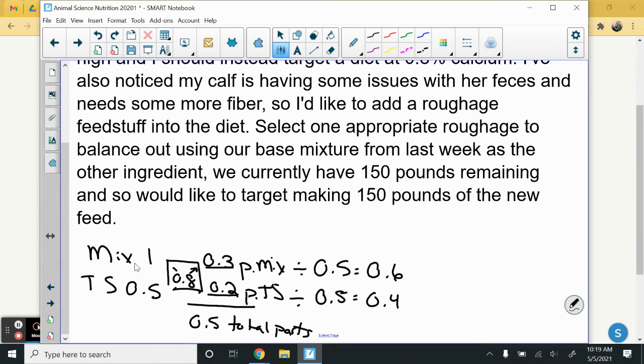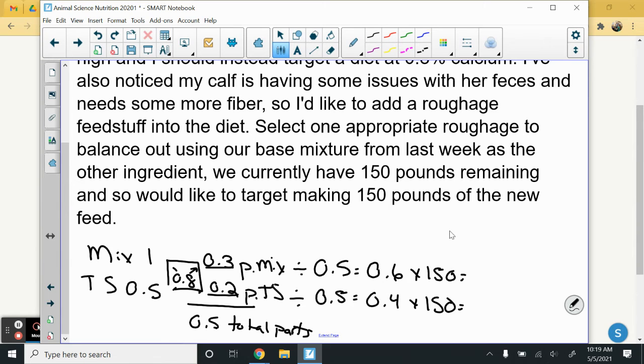Now, the last step in any good Pearson square is to figure out the weights. So that's what I'm going to start with. It says that I want to make 150 pounds of this feed. Okay, so I'm going to multiply both of these numbers by 150.